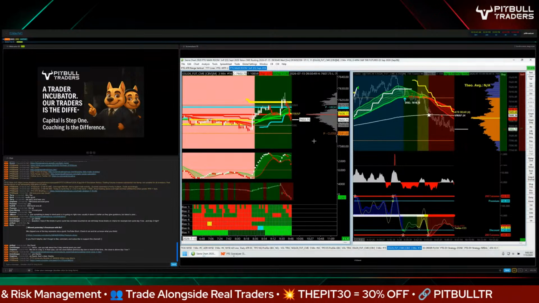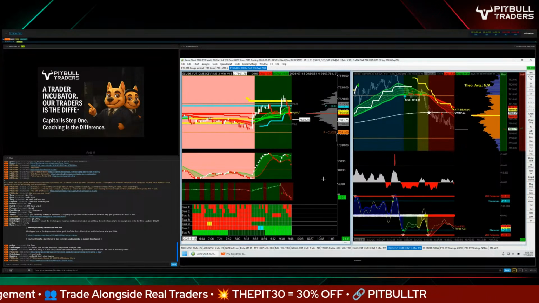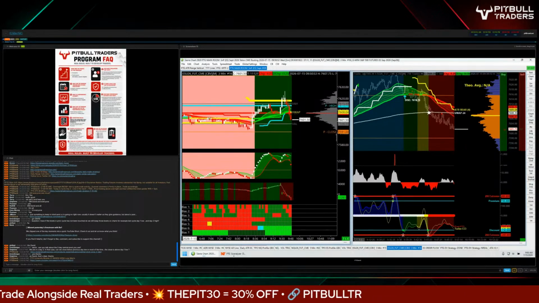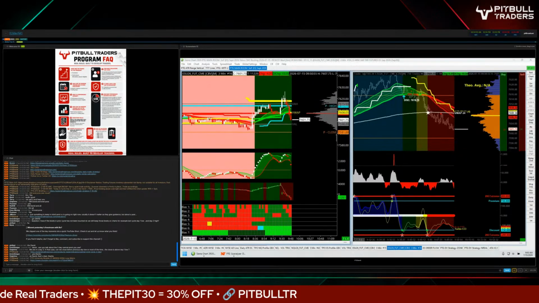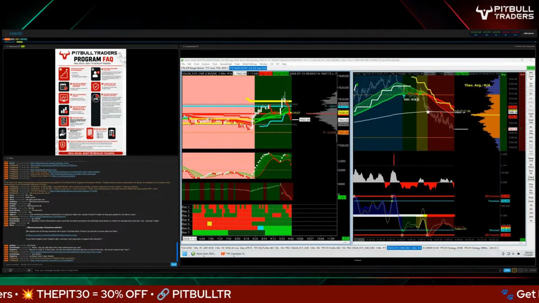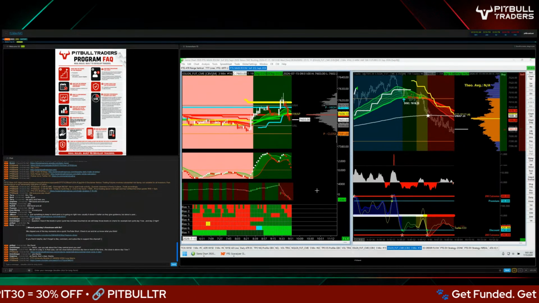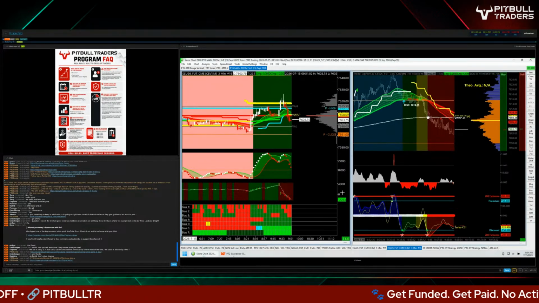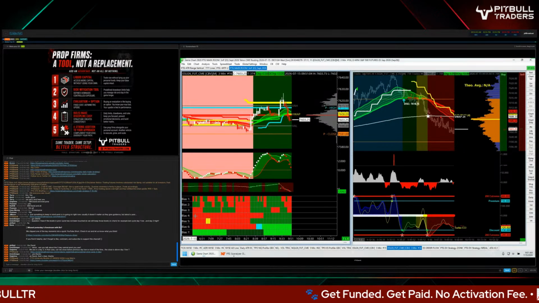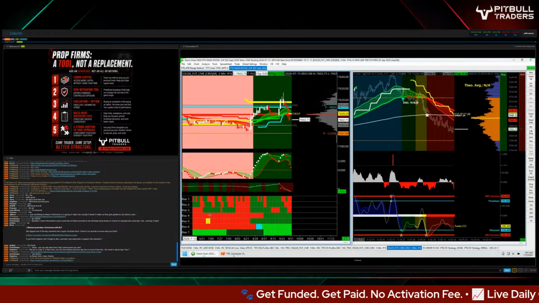What you see here at the bottom is a grid. It's our bias grid. We also refer to this as the OTA loop grid.